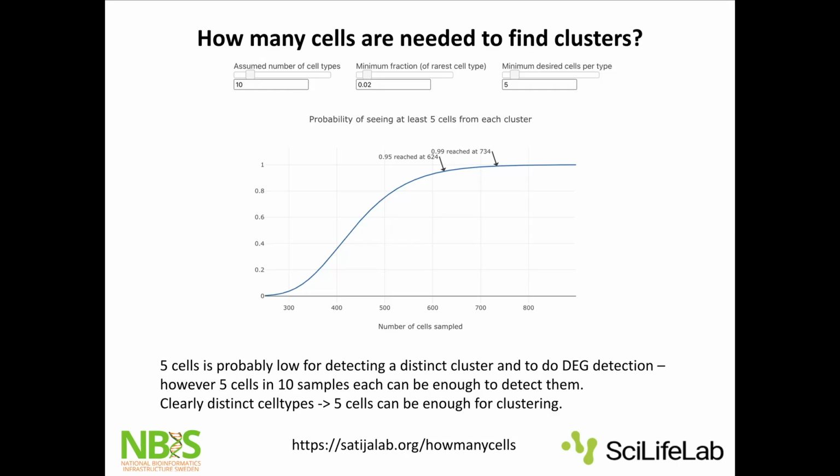But consider probably like maybe you need 50 cells of each cell type total from all your samples to even see it as a cluster. And then to do differential expression, you probably need even more cells to get good statistics on all genes.